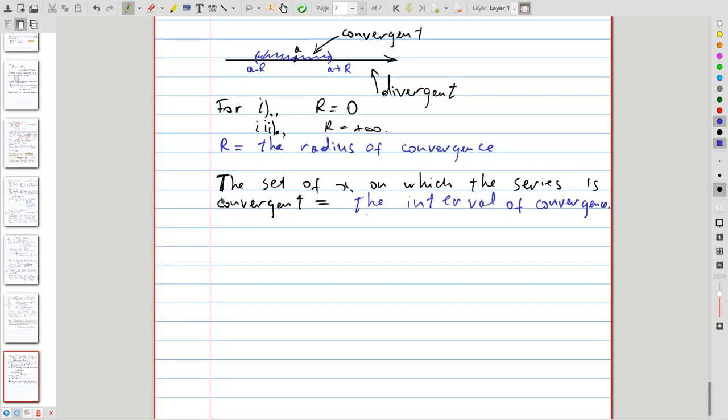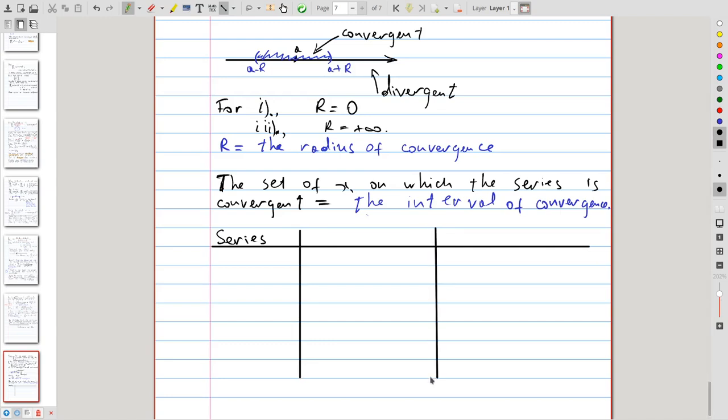In the light of this theorem, let us recast the previous examples that we discussed. We have looked at several examples of series, and for each of these series we were able to determine the set of x's on which it converged.